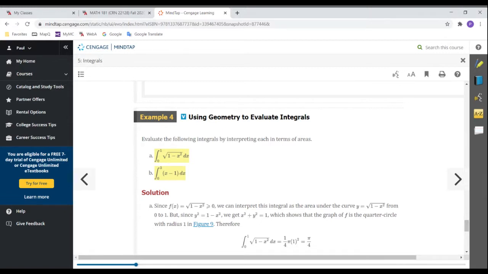What do we really need to do in order to solve the problem? What's necessary? What helped us in part A with the function square root of 1 minus x squared? What was helpful there? It's worth 1,000 words.